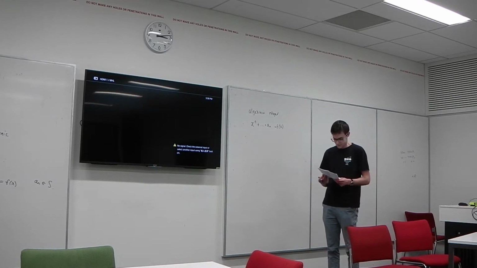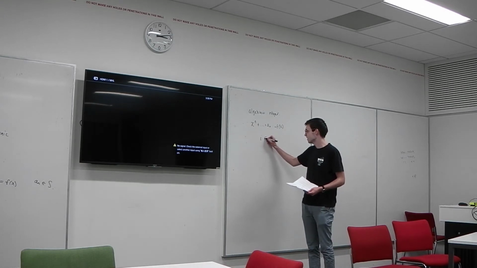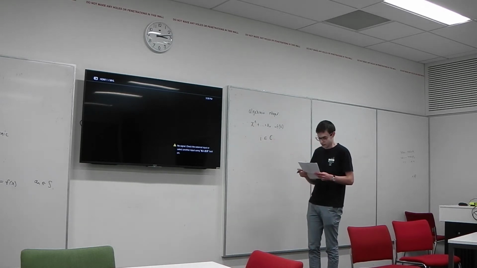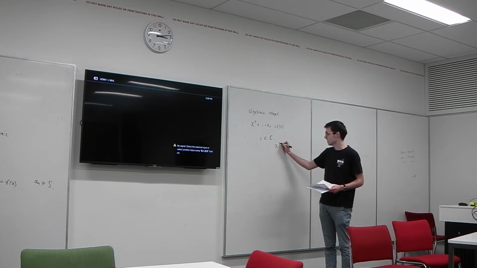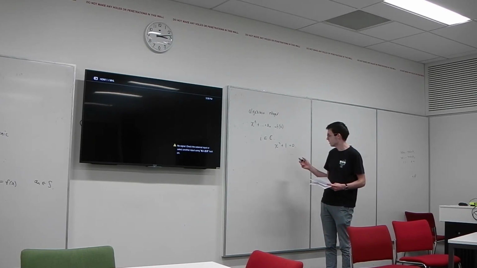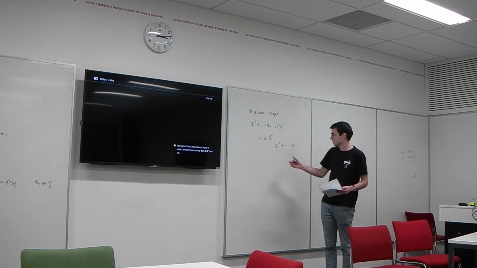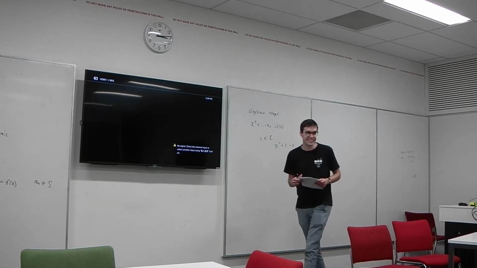For example, the complex number i is going to be an algebraic integer, because it satisfies the polynomial x squared plus 1. It's an algebraic integer because this is monic. Cool. Everyone good so far?